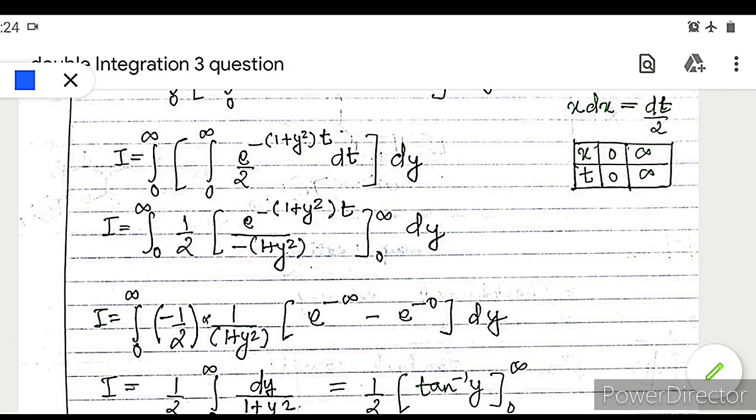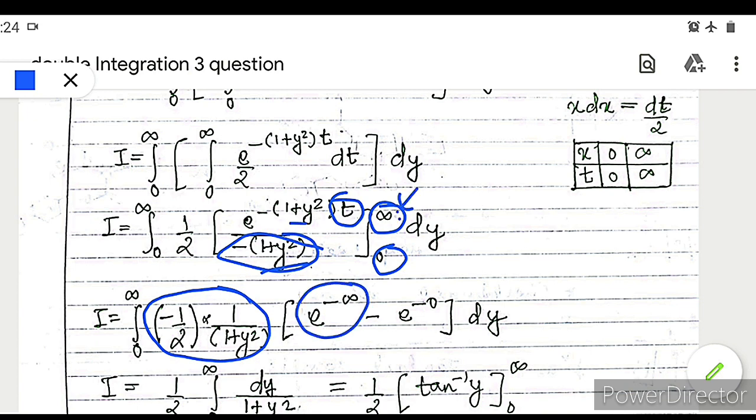So now it's time to put the limits. I have to put these two limits in place of t. This denominator has nothing to do with the limits, so it is free from the limit, and I've written everything outside that limit box. So e raised to, instead of t, put infinity first, so e raised to minus infinity.